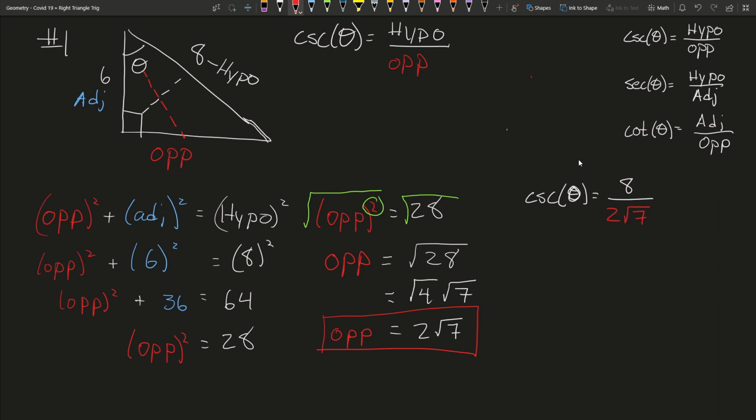Okay, but our answer has a square root in the denominator, so we have to rationalize it. In order to do that, we have to multiply by rad 7 on both the numerator and denominator. When we do that, 8 times rad 7 is just 8 rad 7. And then 2 rad 7 times rad 7 is just 2 times 7, which we can then simplify.